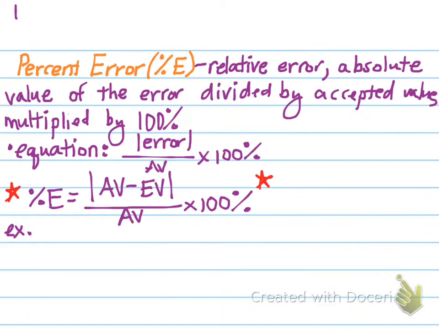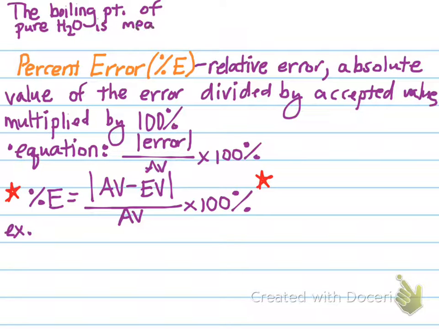The boiling point of pure water is measured to be 99.1 degrees Celsius.